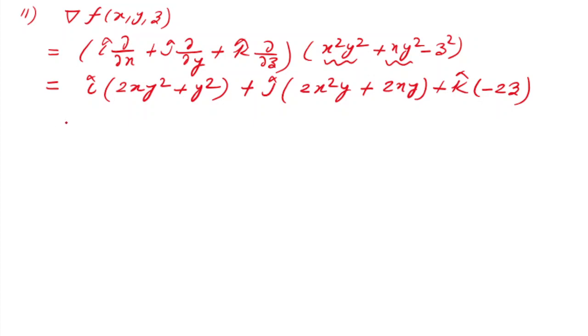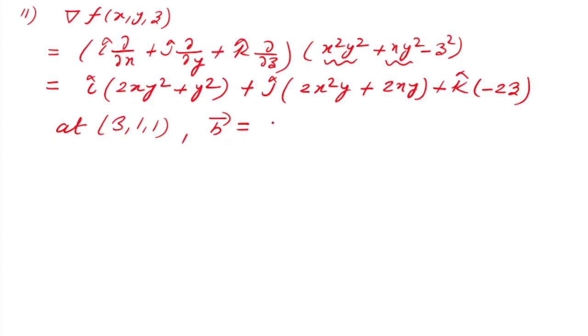Okay, so we have to calculate at the point (3, 1, 1). If I call this gradient vector b, so let me call it b vector. So b vector will be what? I have to put the values of x equal to 3, y equal to 1, and z equal to 1.